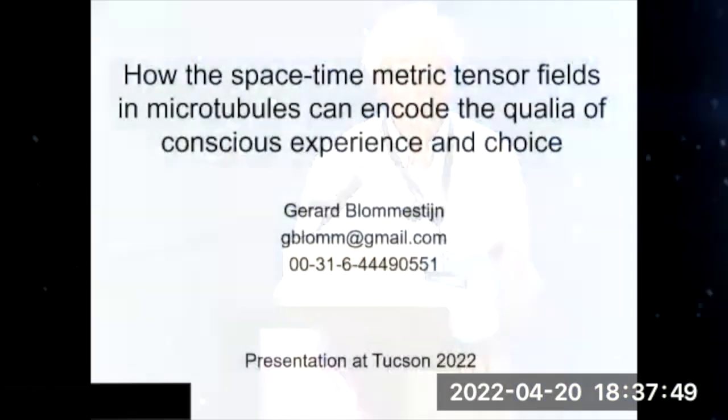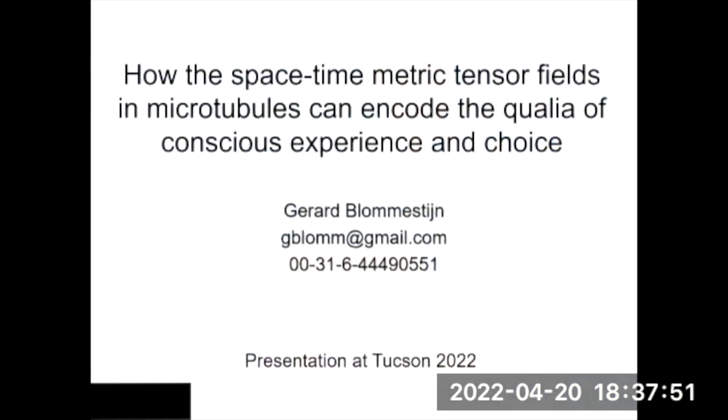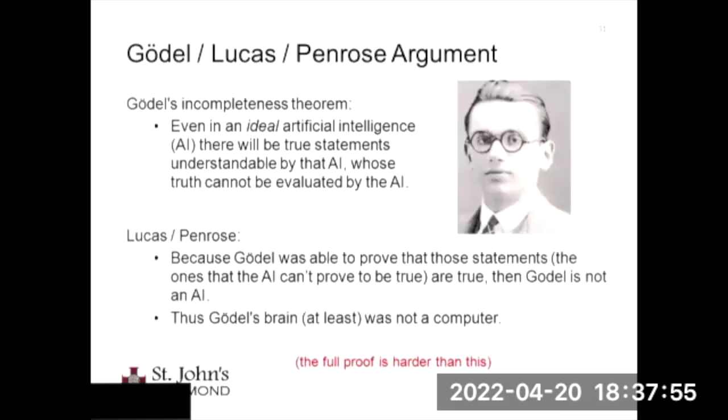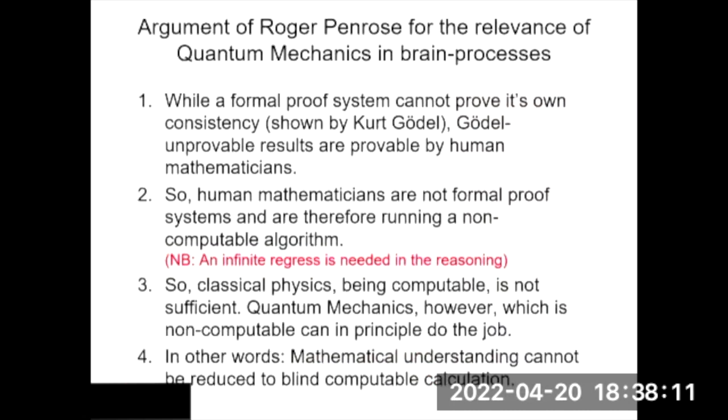I will start with the Gödel theorem that Professor Penrose uses to show that quantum mechanics is needed to explain mathematical understanding. So here we have how Gödel, or how it is considered, and we'll go fast over this.